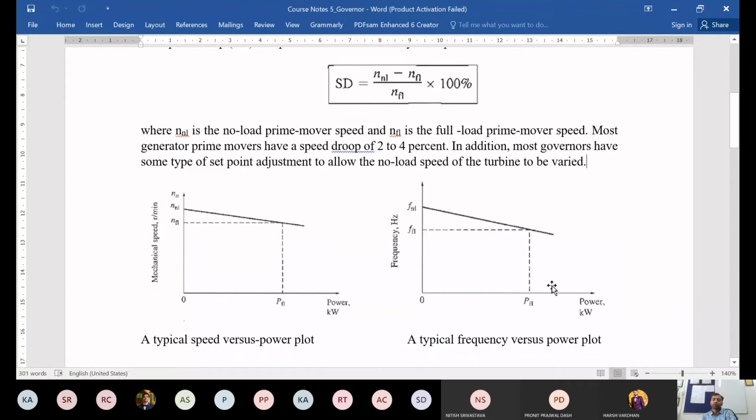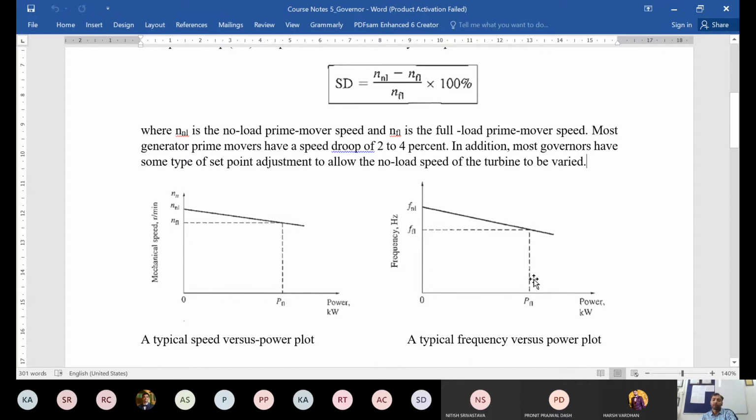The same phenomenon occurs here also. Initially, let's say the machine is operating and delivering its rated power output, PFL, at this point. Corresponding to that, the frequency is at the full load value. What is the full load value of frequency in India? 50 hertz. Right, so this will be FFL in Indian conditions, which is 50 hertz.